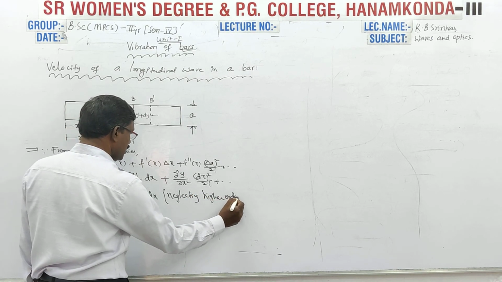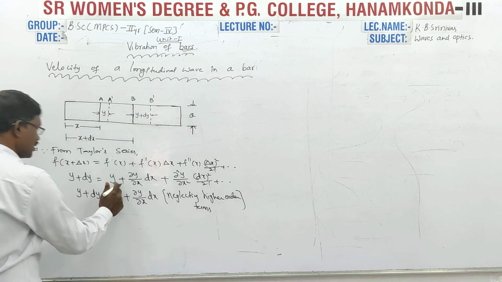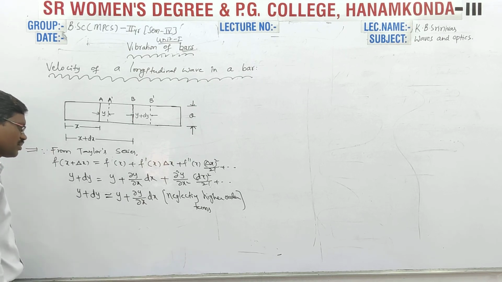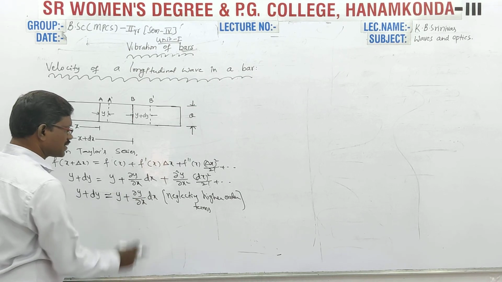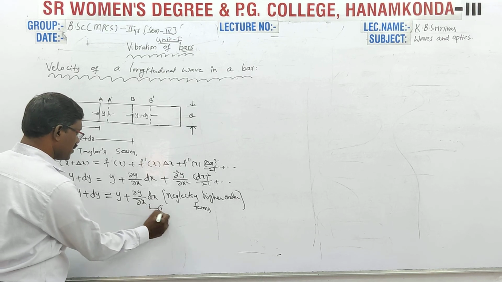So I have approximated y plus dy as y plus dou y by dou x into dx. Let this be equation number 1.